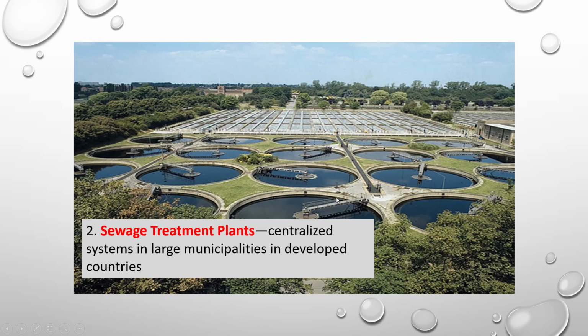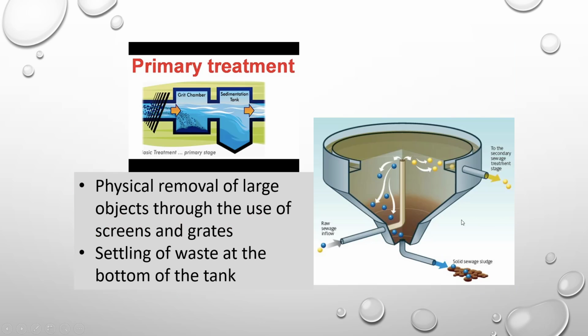The other way that we can treat sewage is with a sewage treatment plant, which is just a centralized system in a large municipality in developed countries. This one's huge. The first spot in sewage treatment is primary. This is where you physically remove large objects with screens and grates, and you have waste settle to the bottom of a tank. So this is what those settling tanks look like.